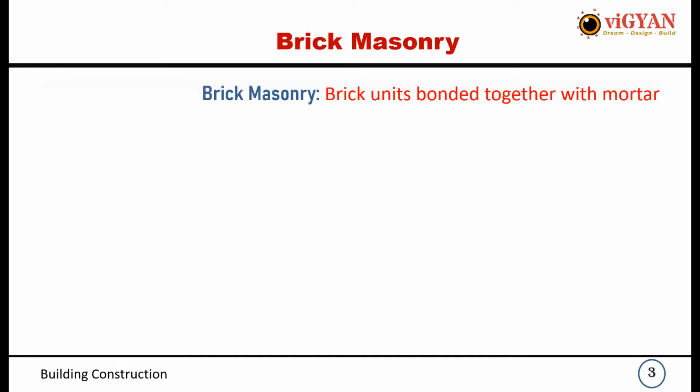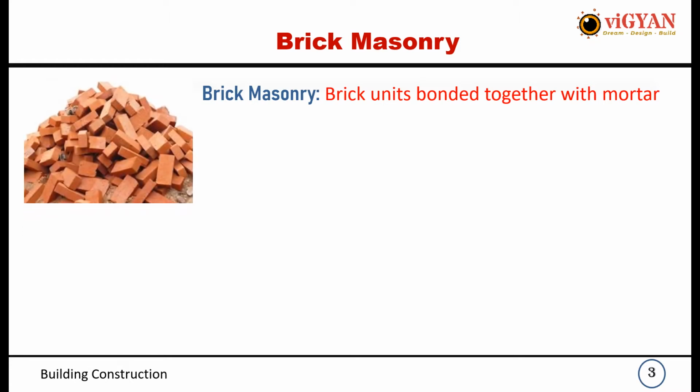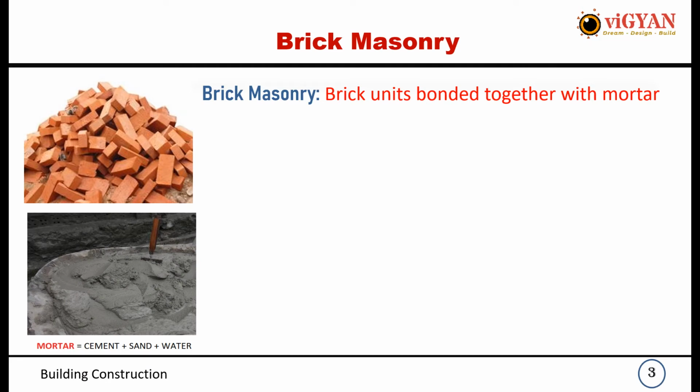Brick masonry are brick units bonded together with mortar. It requires bricks and mortar. Mortar is nothing but a homogeneous mixture of binding material, sand, and water.